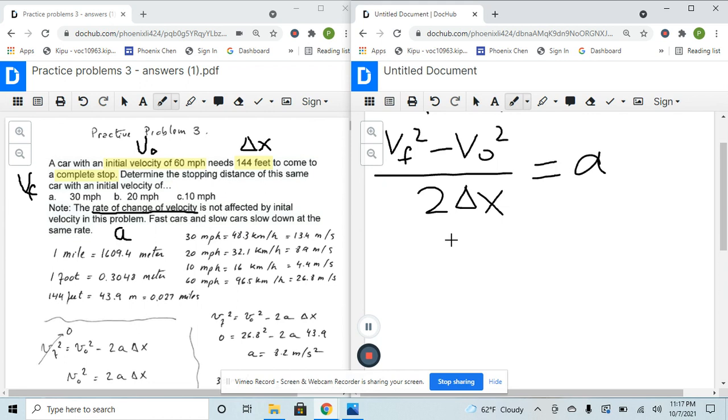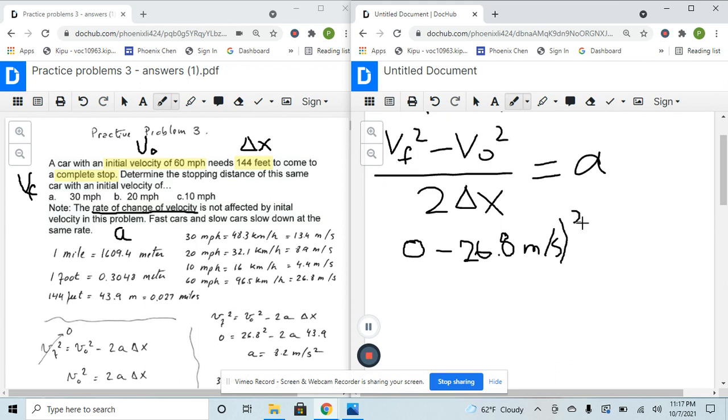Okay, so knowing that, let's start plugging our numbers in. So final velocity we know is 0, so that's easy. 0 squared is 0, minus our initial velocity, which is 60 miles per hour converted into meters per second. That's going to give us 26.8 meters per second, and that's all going to be squared.